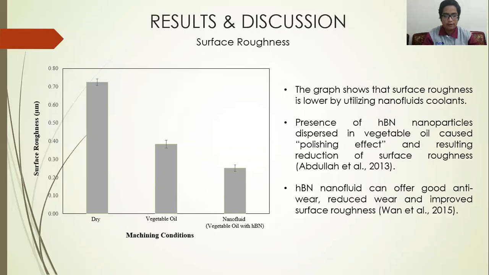This polishing effect occurs when HBN nanoparticles are positioned in between the cutting tool and workpiece. And one author has stated that HBN nanofluid can offer good anti-wear, reduce wear, and improve surface roughness.